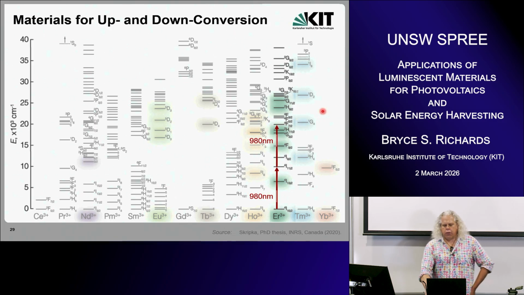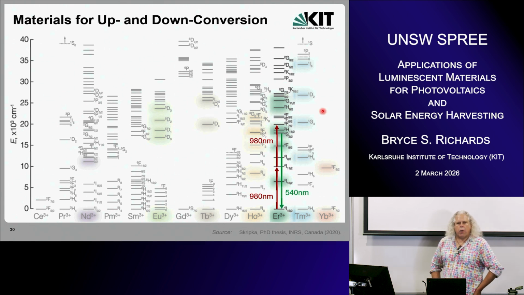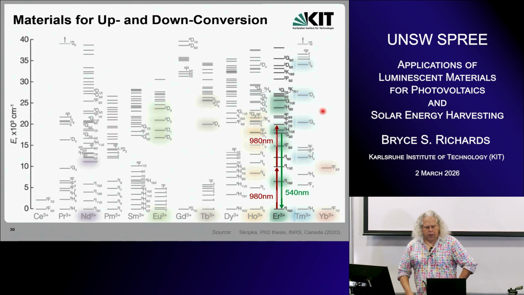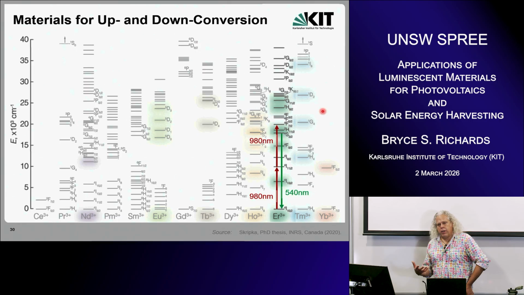And that's the kind of thing that we were interested in, because then this helps us to achieve this upconversion, where we could have 2 lower energy photons coming in and a green one, in that case at about 540 nanometers, coming out. Now, that's not very useful to silicon because silicon is already absorbing 980 nanometer light.